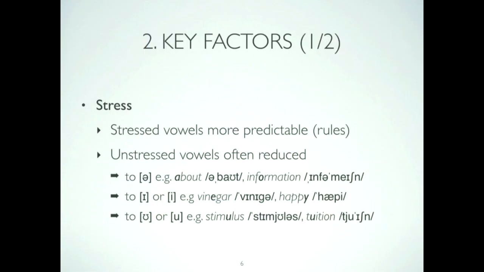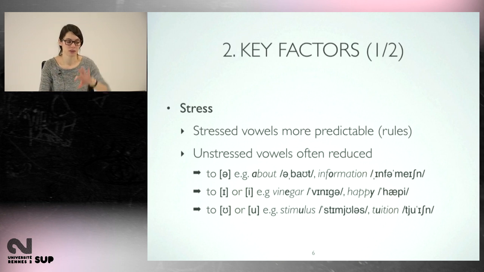A third possibility, and these 3 cases cover all the possible cases of reduction for unstressed vowels, is that the vowel might be reduced to U, okay? And that's the case obviously only for the U vowel.